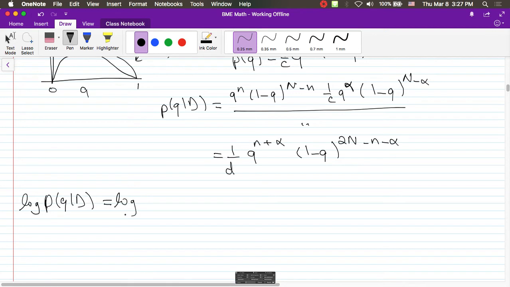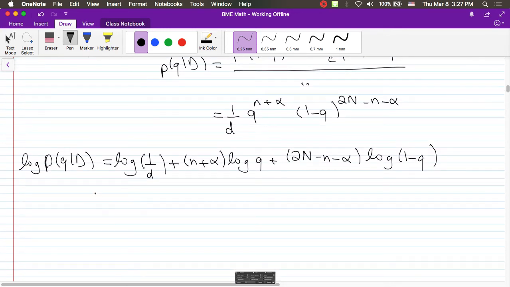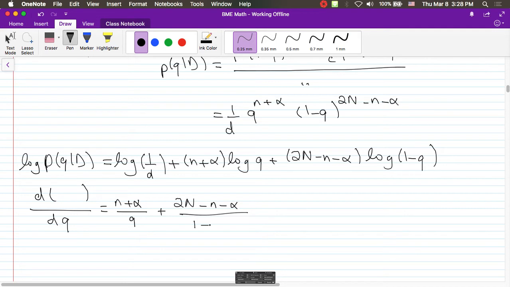So I'm going to get log of 1 over D plus (n plus alpha) times log of q plus (2N minus n minus alpha) log of (1 minus q). So now I want to find the derivative of this with respect to q. The first term doesn't give me anything. The second one gives me (n plus alpha) over q. The third term, (2N minus n minus alpha) over (1 minus q). I set this equal to 0.